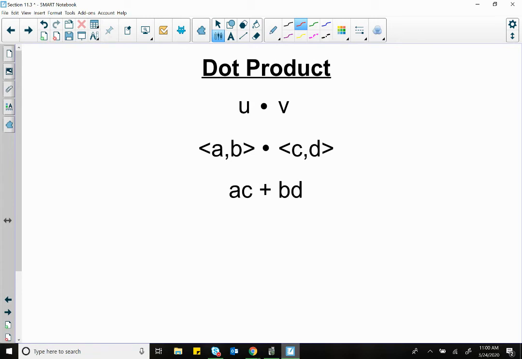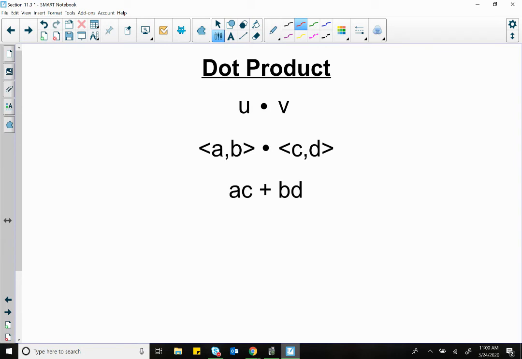So you're going to take the position vector AB and dot product position vector CD, and you're going to end up with a single number answer for this, okay? This is not going to be written as a vector. It's a dot product. And so basically all you're going to do is multiply the quote-unquote x parts, multiply the quote-unquote y parts, and then add it up. That's a dot product. Okay?